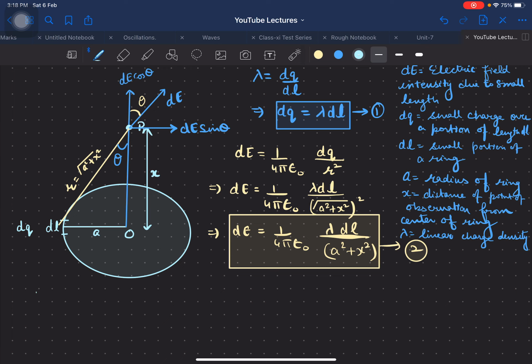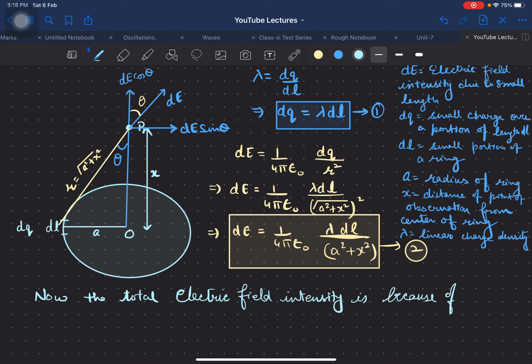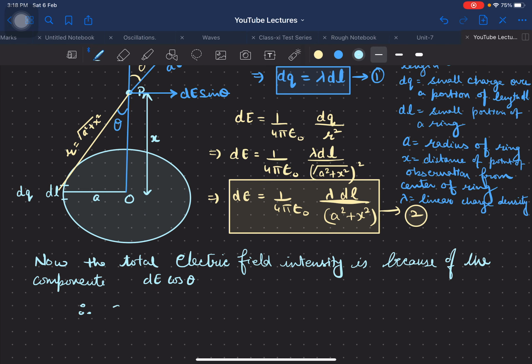So we will say now the total electric field intensity is because of the components dE cos theta. Therefore the total electric field intensity will be equal to dE cos theta plus dE cos theta plus dE cos theta because of all small portions dl and so on.